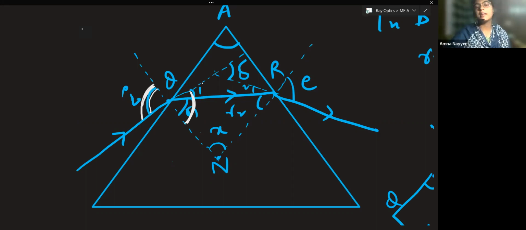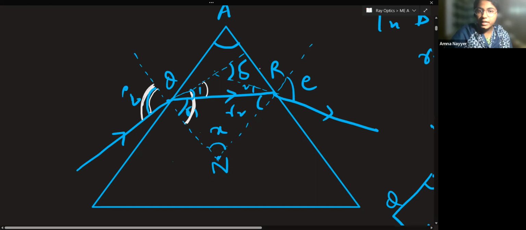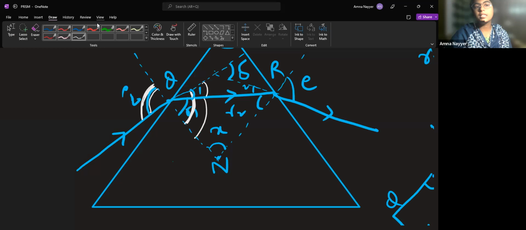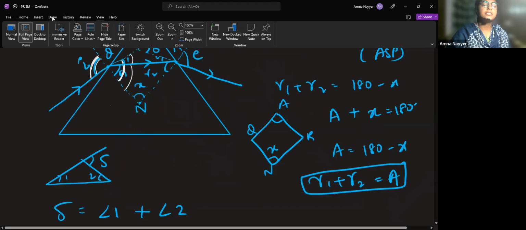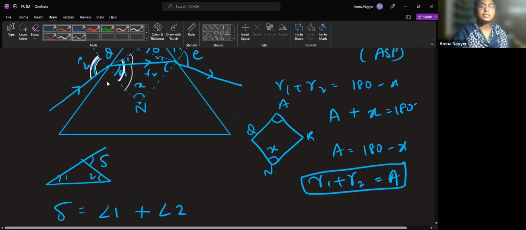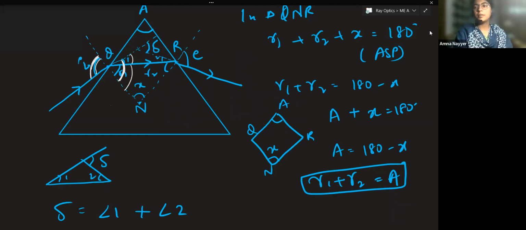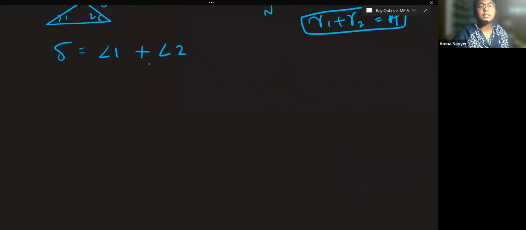Have a look at the figure and answer, class. Vertically opposite angles. Yes, vertically opposite angles. If this is I, then this is also equal to I. And this angle is made up of angle 1 plus R1. So can't you say angle 1 plus R1 is actually equal to the angle of incidence? So angle 1 can be written as I minus R1.